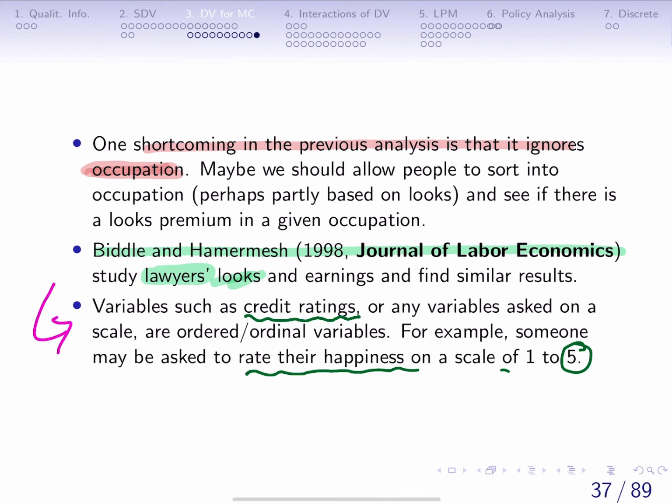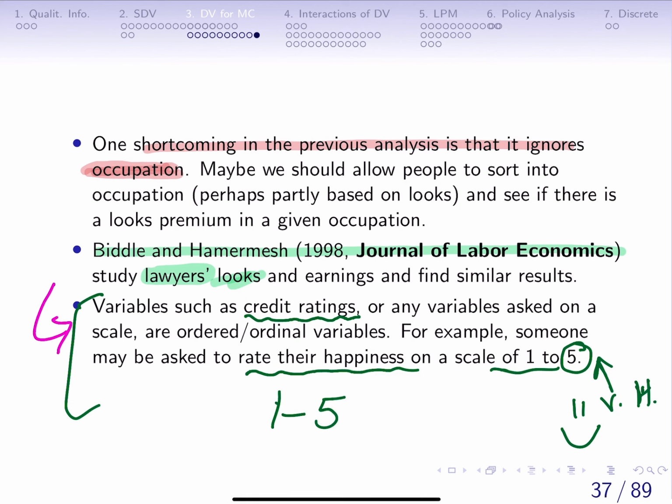I know you're at a 5, which is very happy, right? So you can do any type of analysis with ordinal variables. Okay, and this gives very interesting results, and whether your scale is from 1 to 5 or 1 to 10 or 1 to 100, we can do many different types of analysis by creating dummies like we saw in the below average, above average case.